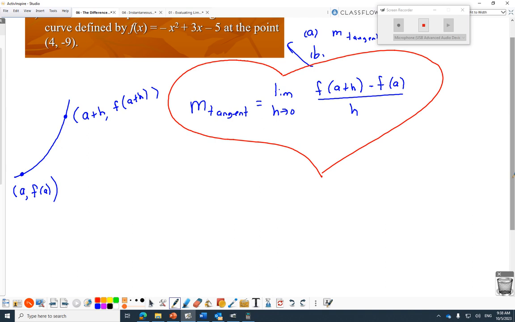So better yet, I'll write over here and try to make this a little smaller, a little more efficient. You're going to go m tangent equals limit as h approaches 0 of f at 4 plus h minus f at 4 over h. Now just put the brakes on for a second.